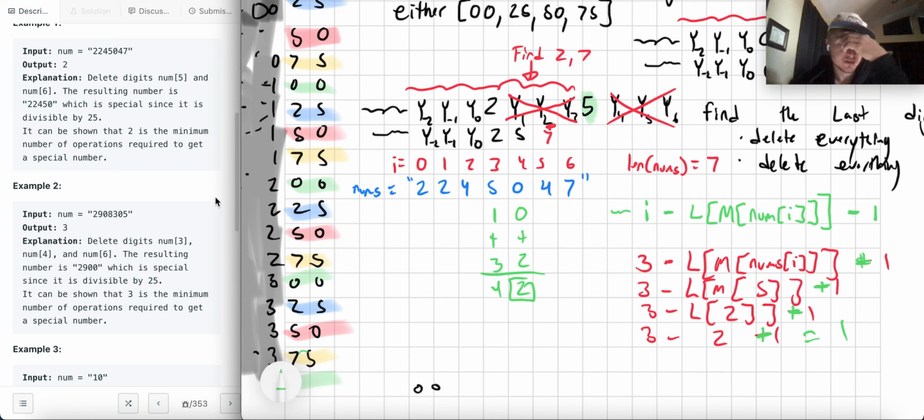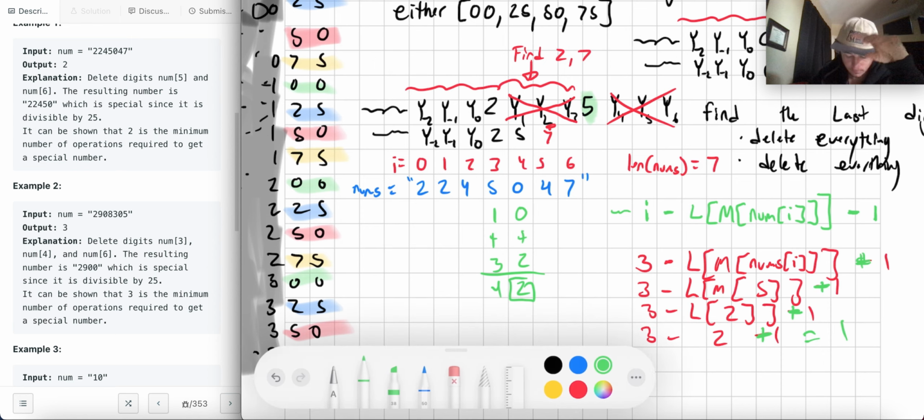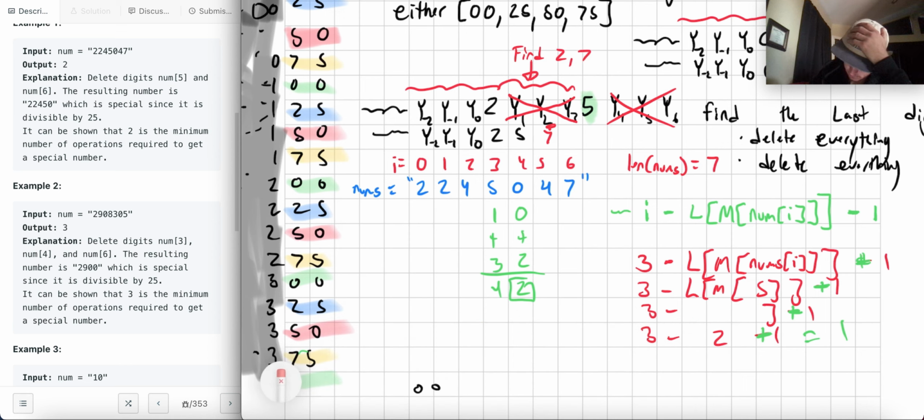Guys, I'm losing it here. Last time I saw 2 is at index 1. Okay, walk through it again. What's the match for 5? 2. When's the last time I saw 2?